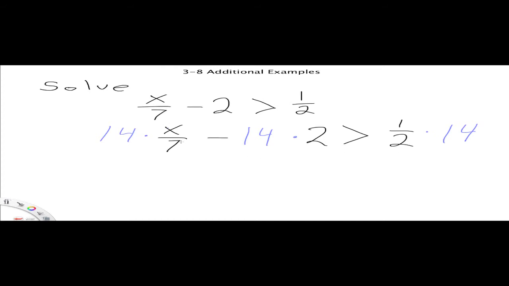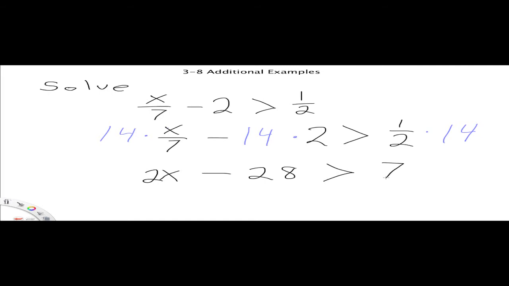So it looks like we've got it. We had to multiply everything by 14. So 7 goes into 14 2 times, so that's just 2 times x, minus 2 times 14 would be minus 28, which is greater than 1/2 times 14. 2 goes into 14 7 times, is greater than 7.